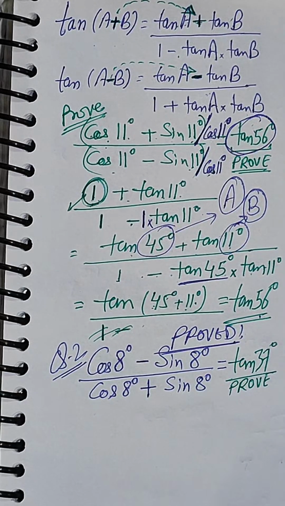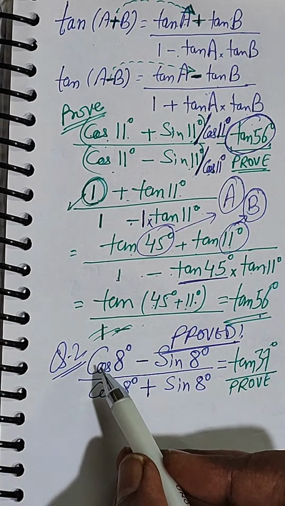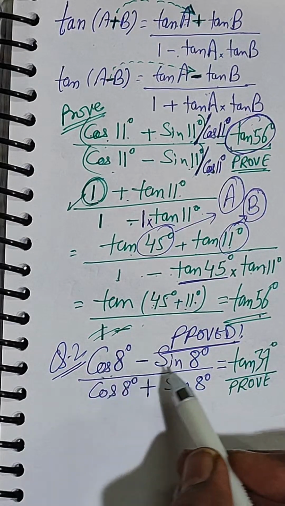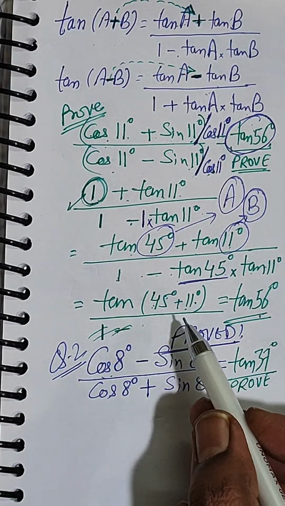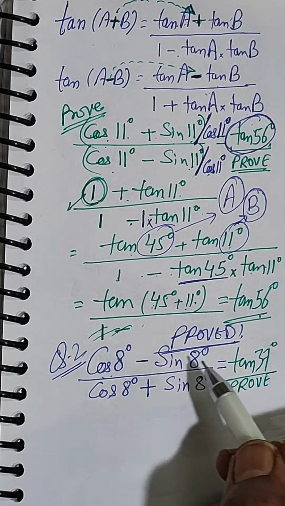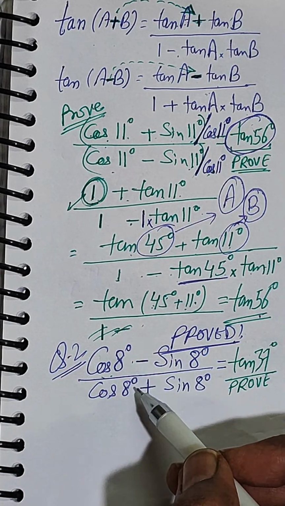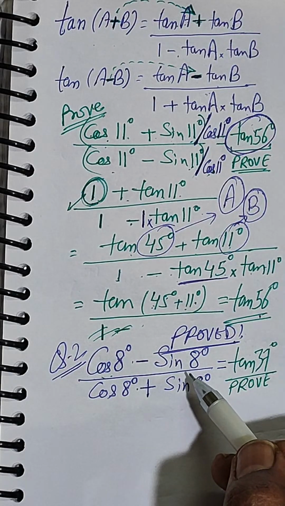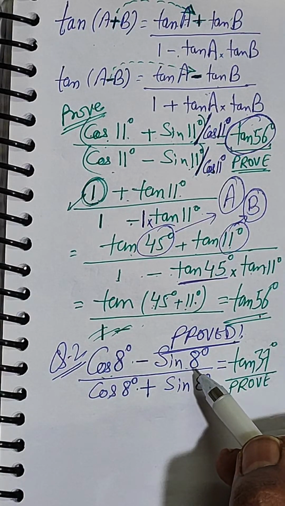So here, as I said, cos or sine can be converted into tan only when we divide the numerator and denominator by either sine or cos, right?